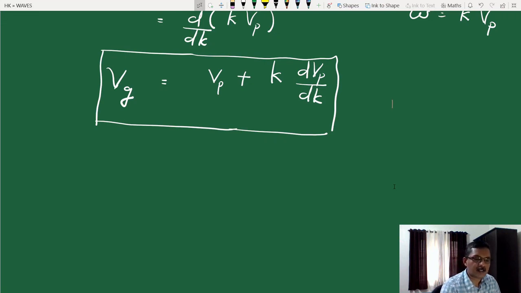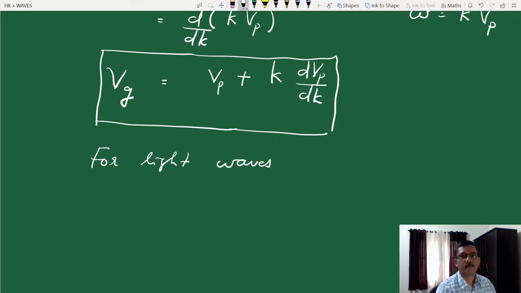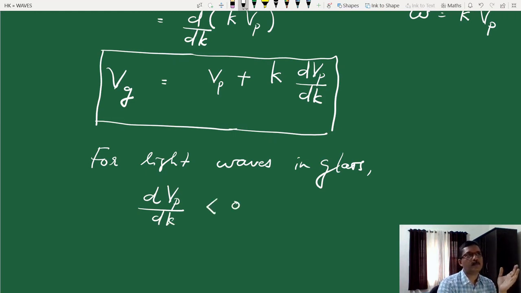For light waves passing through glass, we can conclude that the rate of change of phase velocity with k is negative. When you move from violet to red, wavelength increases but wave number decreases. Wave number increases from red to violet, but phase velocity decreases. So this quantity is negative.